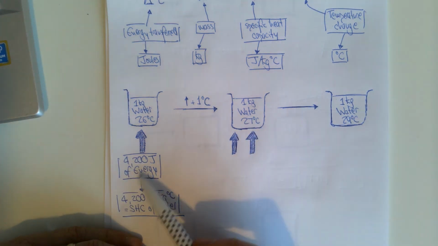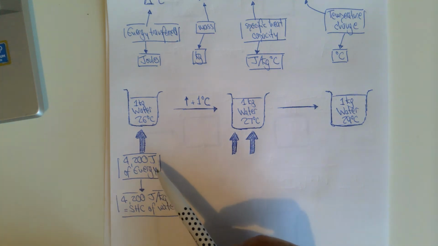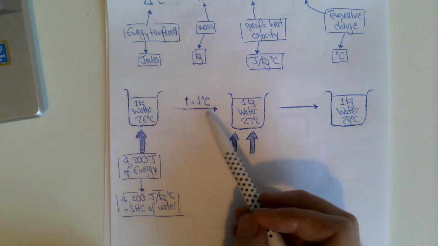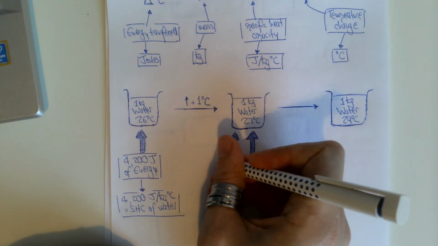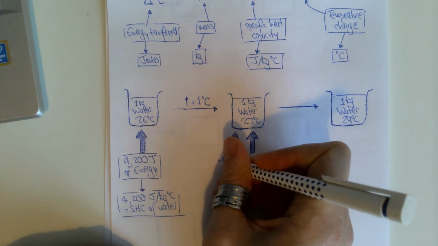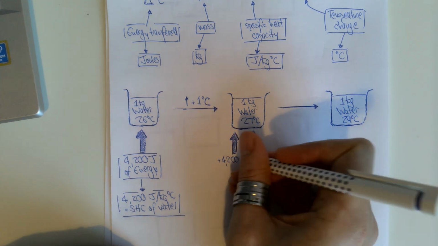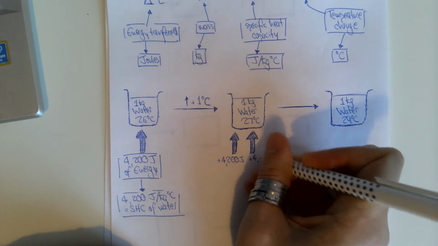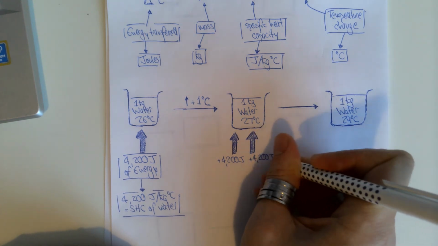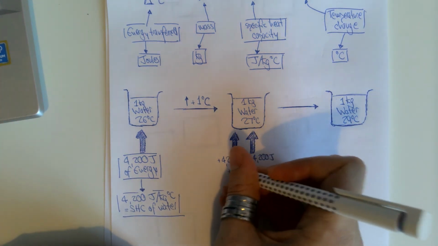Bearing in mind that we said we need 4,200 joules of energy to heat 1 kilo of water by 1 degree Celsius, you can probably work out that we need 2 lots of 4,200 joules of energy to heat it by 2 degrees Celsius.